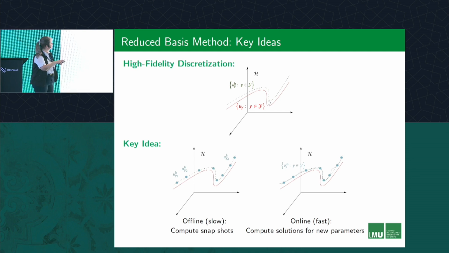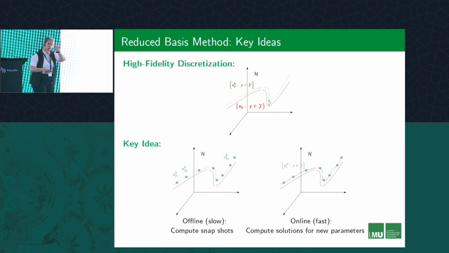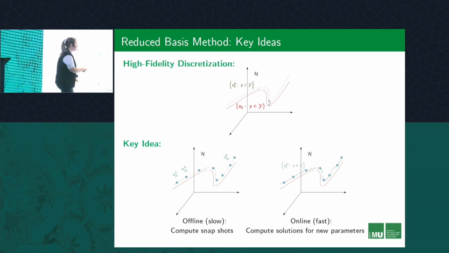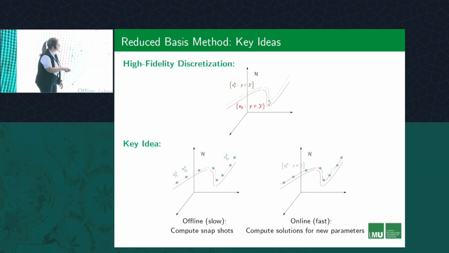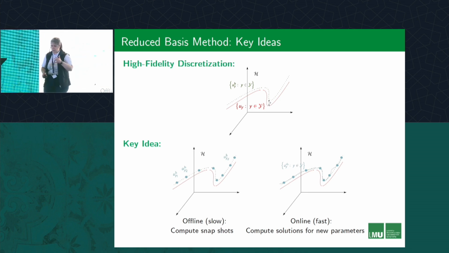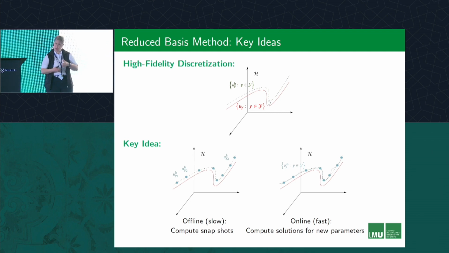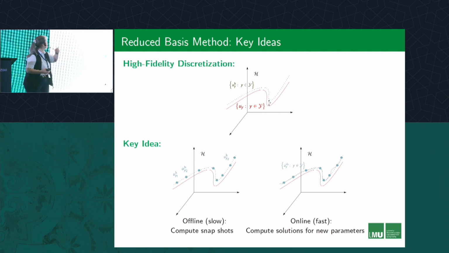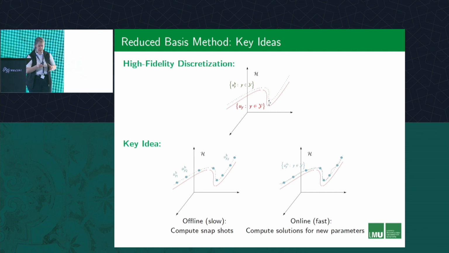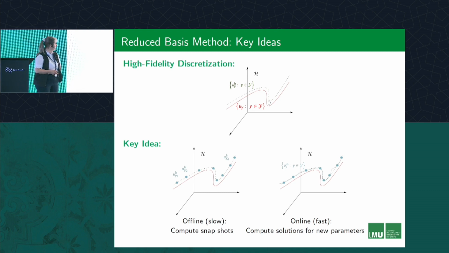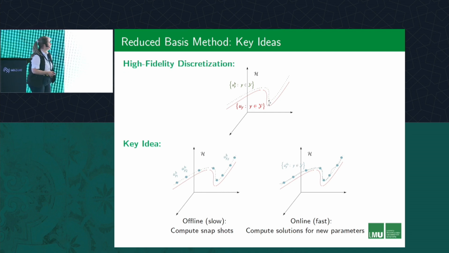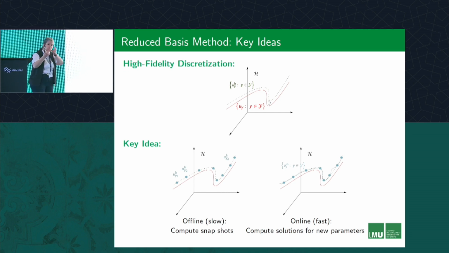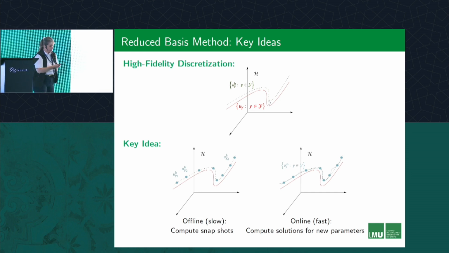Then in the finite dimensional situation, you compute, for certain parameters, so-called snapshots. And from those, there are methods to deduce solutions in between for certain parameters. These are called reduced basis methods. Basically you reduce the space and then calculate the solutions this way. But for several PDEs, this really does not work. It's very complicated. You don't really know how to choose the basis for your low-dimensional space and so on.